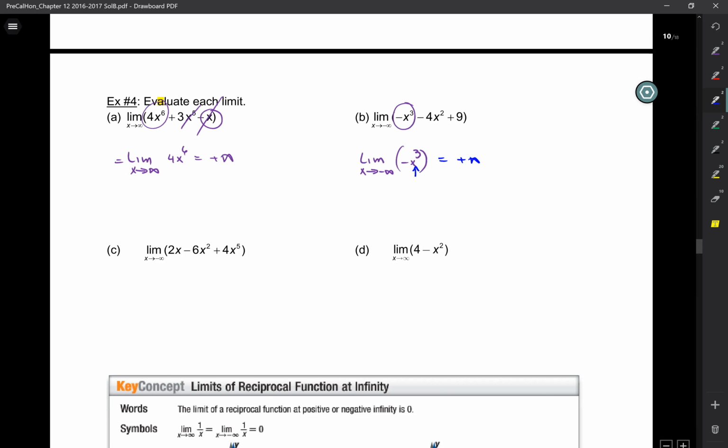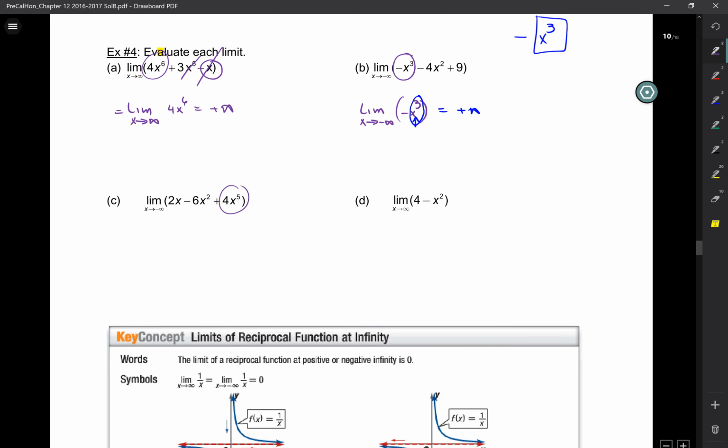If x is negative and it's cubed, you get a negative number, but you also have a negative in front, so it makes it positive. It's not negative x cubed like this. It's negative, x cubed. You just cube that one first.